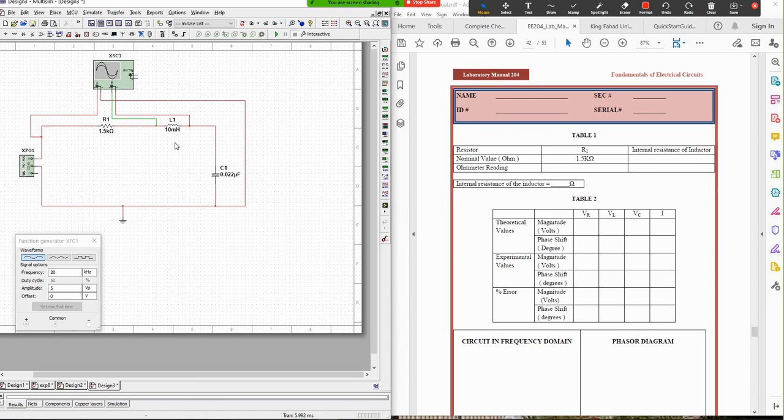After you connect channel B to the inductor and energize your circuit, you have to show the screenshot of the oscilloscope. And also after you connect it to the capacitor, you have to show the screenshot of the oscilloscope.